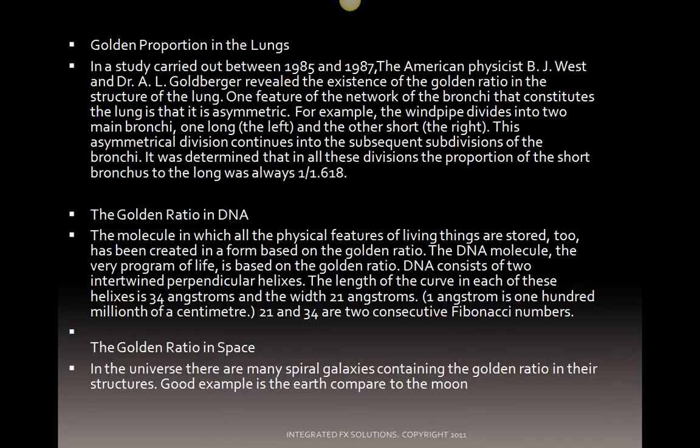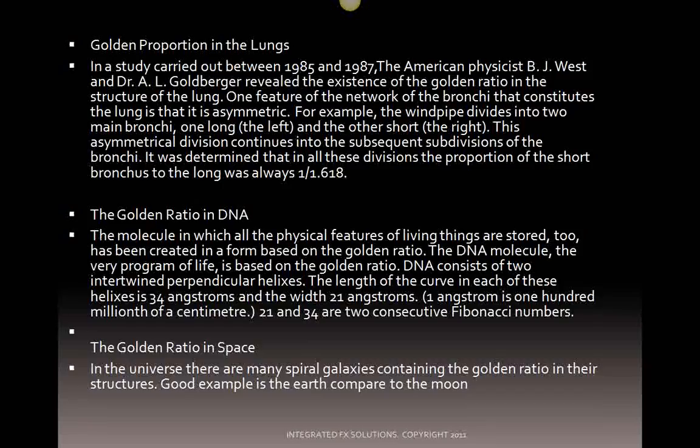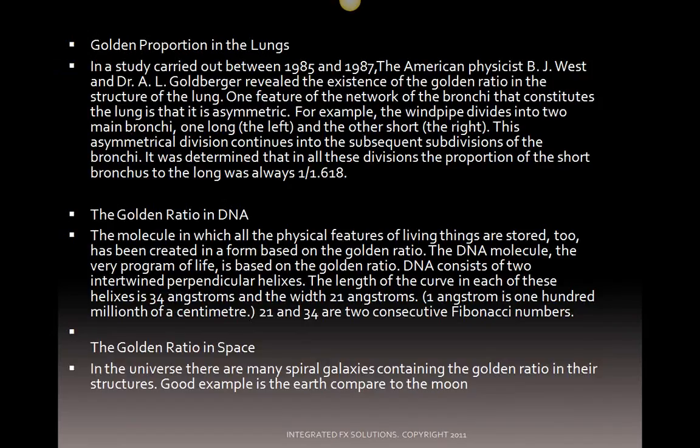Golden proportion in the lungs. So the golden proportion also exhibits itself in the lungs. How? Let's look at this. In a study carried out between 1985 and 1987, the American physicist B.J. West and Dr. A.L. Goldberger revealed the existence of the golden ratio in the structure of the lung. Great. One feature of the network of the bronchi that constitutes the lung is that it is asymmetric.